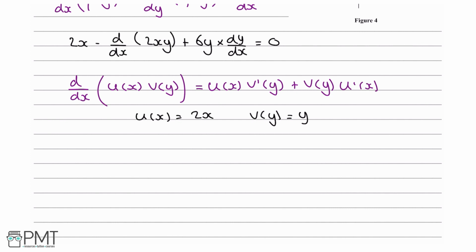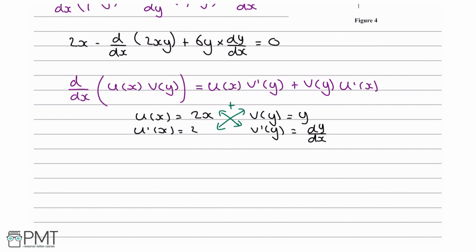From here, I'm going to find the derivative of u(x), which is just going to be 2, and the derivative of v(y) is just going to be dy by dx. Then what we know by the product rule is that to get our derivative, we cross multiply like this, okay, and then we add the results together, all right?